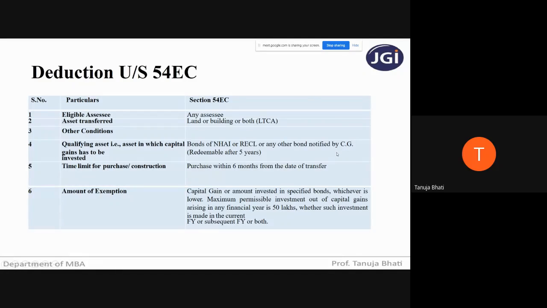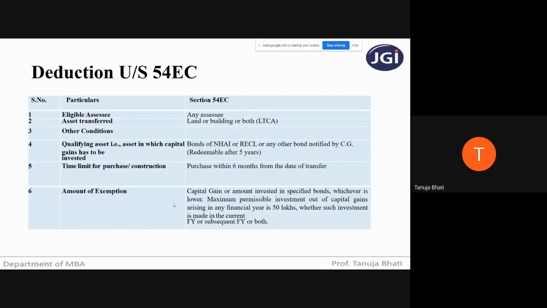So remember, he should invest such long-term capital gain in the bonds of NHAI or RECL or any other bond notified by the central government. Now, by what time should he invest in those bonds? He should invest within 6 months from the date of transfer. So within 6 months from the date of transfer, he should invest the long-term capital gain into these bonds. And these bonds should be redeemable only after 5 years, meaning you can withdraw money from these bonds only after a period of 5 years.